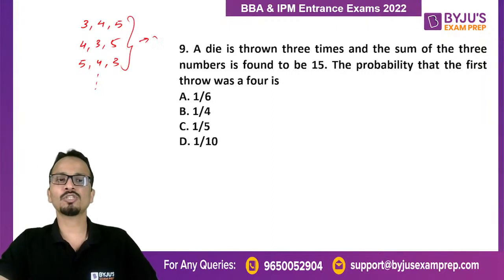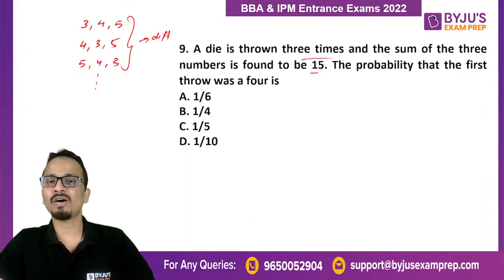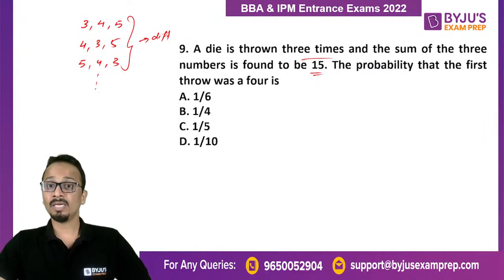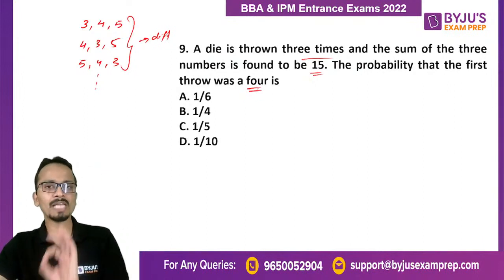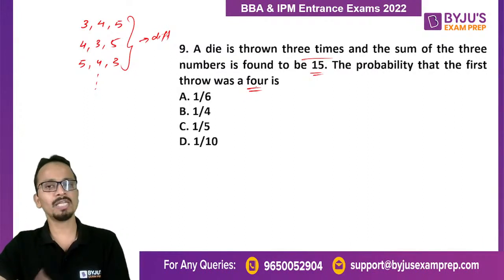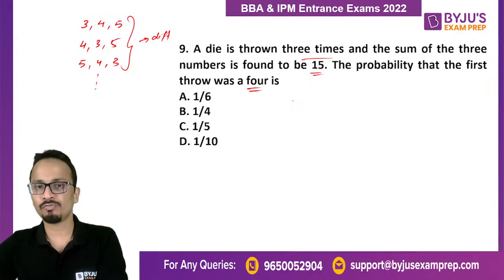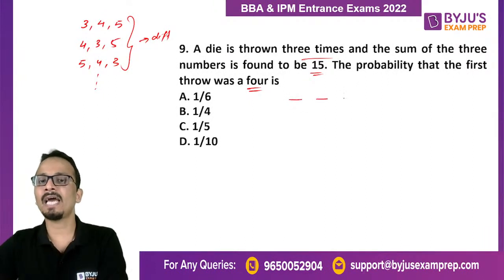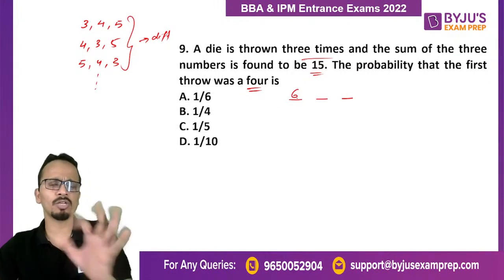So let's read this question. A die is thrown 3 times and the sum of the 3 numbers is found to be 15. The probability that the first throw was 4 is how much? So we know that the sum of the dice is 15. So let's start making cases in a proper manner. First die, second die, and third die. We'll start with the maximum value on the first die.